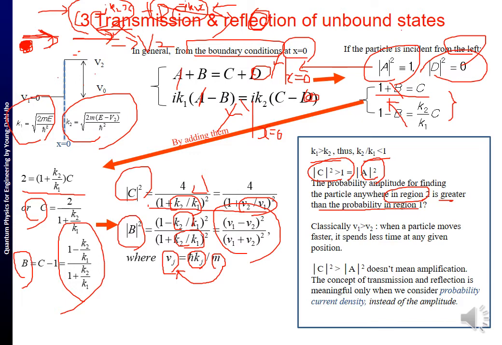Classically, however, consider velocity v1 in region 1 and velocity v2 in region 2. This is velocity, not potential.